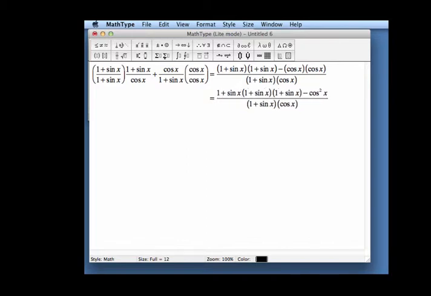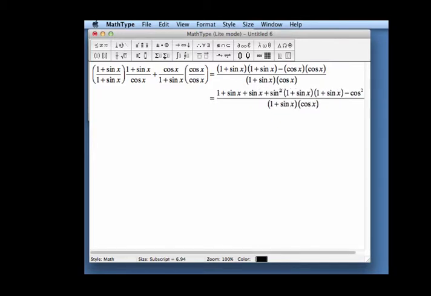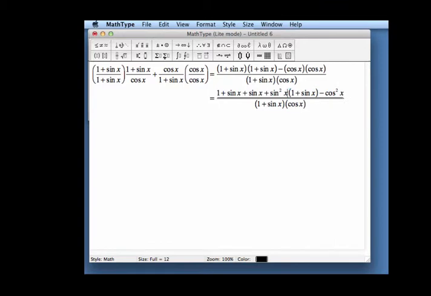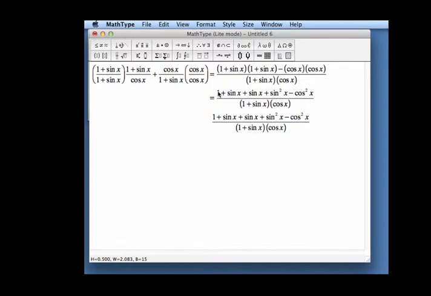And then I've got another sine of x, and then sine times sine is sine squared. So let's see, get rid of that. If I take a moment and combine these two like terms, then I've got 2 sine of x.